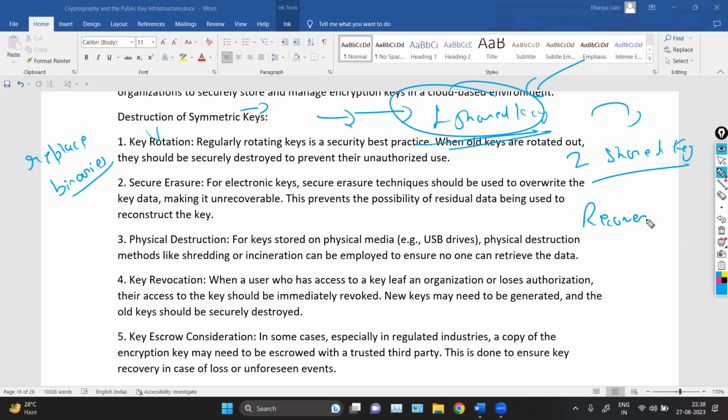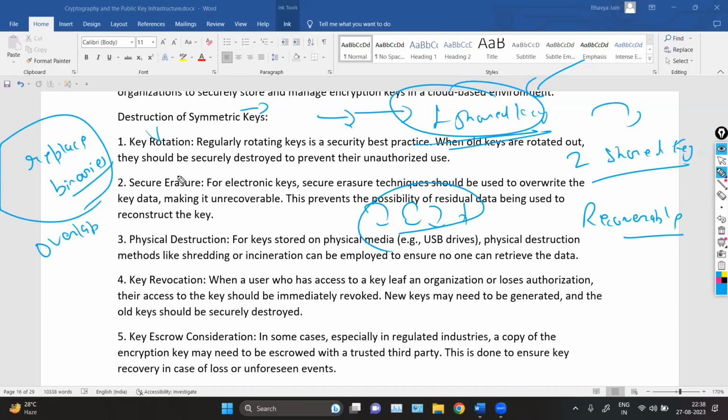We can easily recover everything, whatever you deleted, even from the recycle bin, from the bin, they are all easily recoverable. So that is why it is always good practice to keep on deleting multiple times. Okay. So in that case, you will replace the binaries or overwrite them, or we can say just replace the binaries with the old binaries. If your binaries are replaced, then you cannot recover the data.